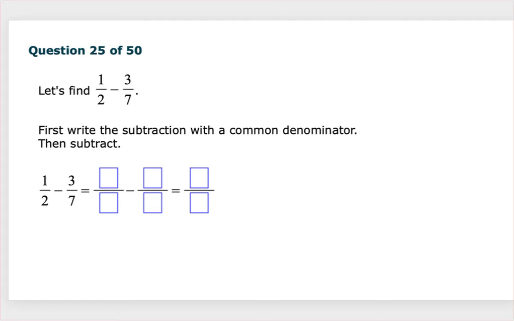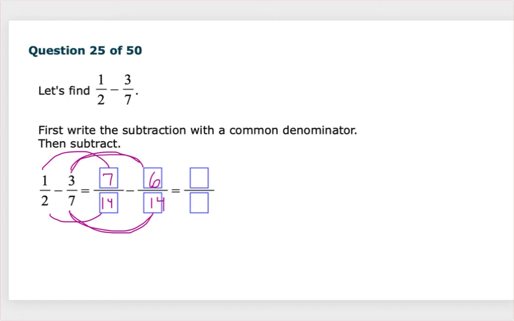It's going to go this way, isn't it? Okay, let's find 1/2 minus 3/7. First of all, we have to get a common denominator. 2 and 7, the least common denominator is 14. 1 times 7 gives us 7/14. 7 times 2 equals 14. 3 times 2 equals 6.